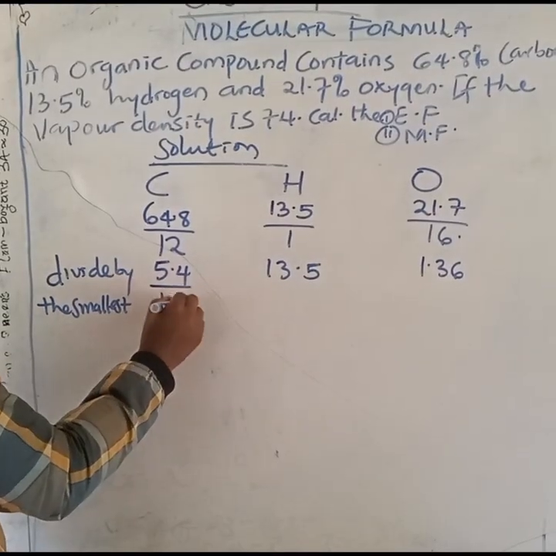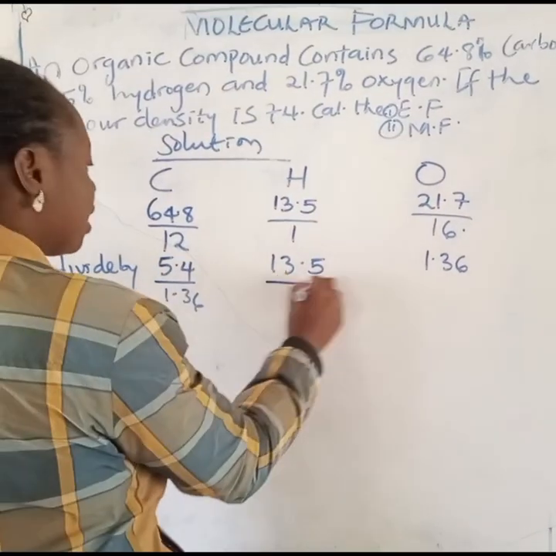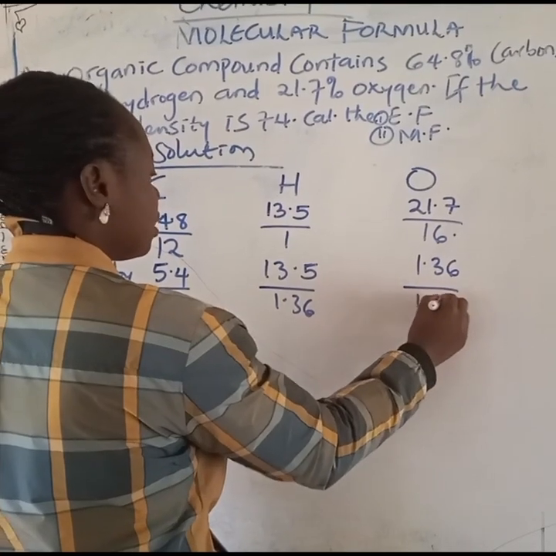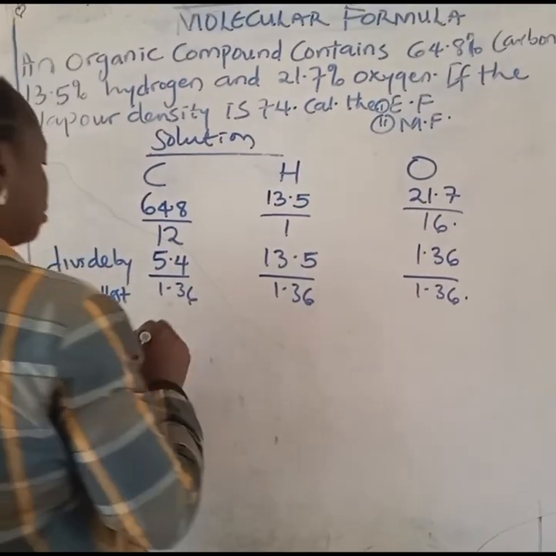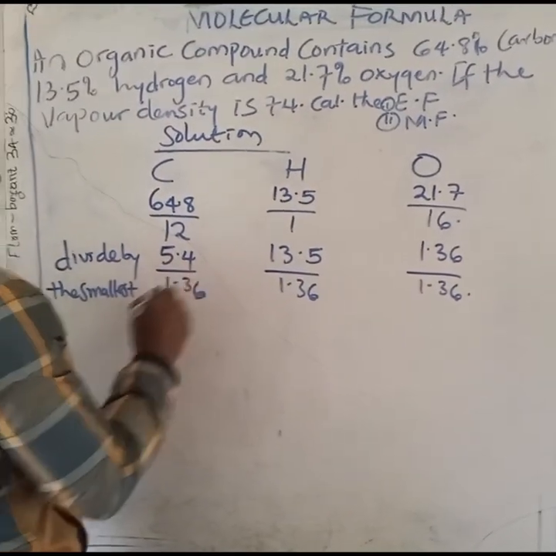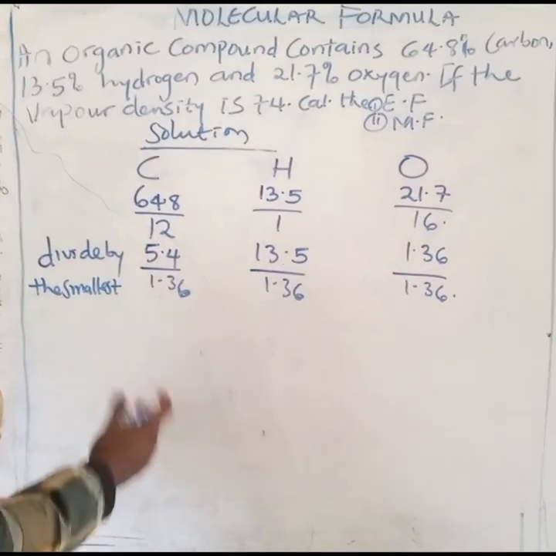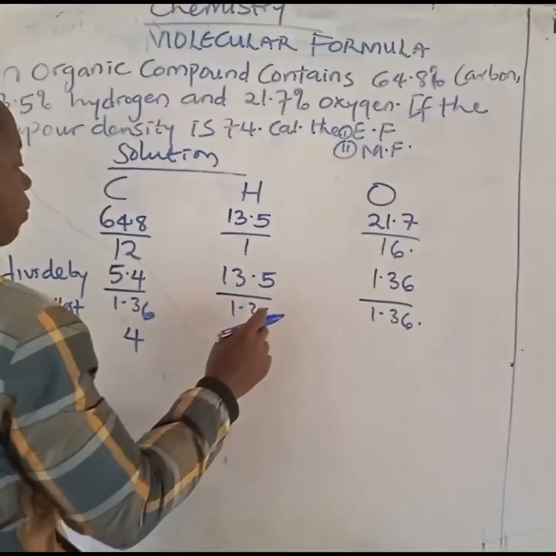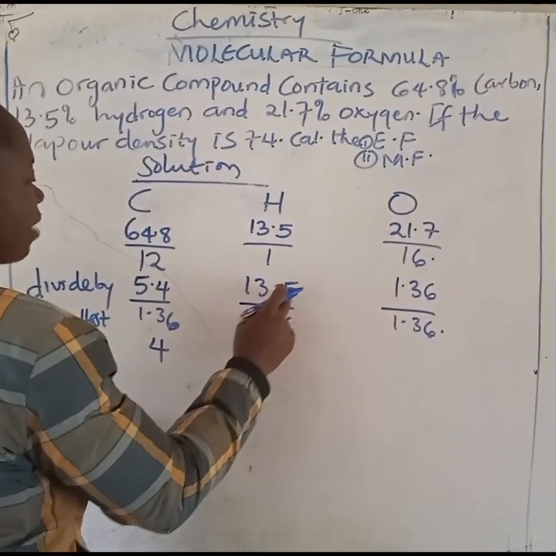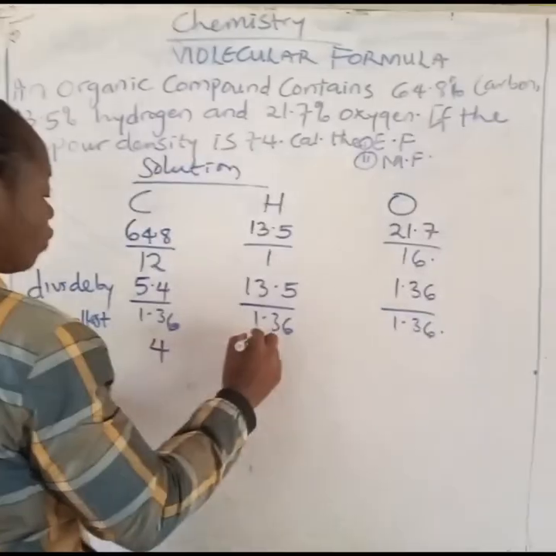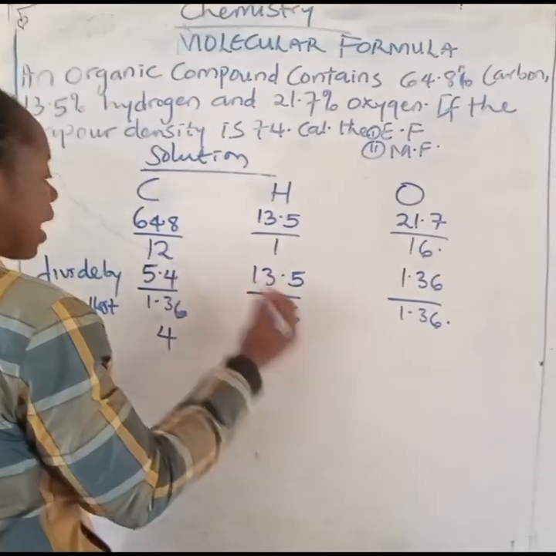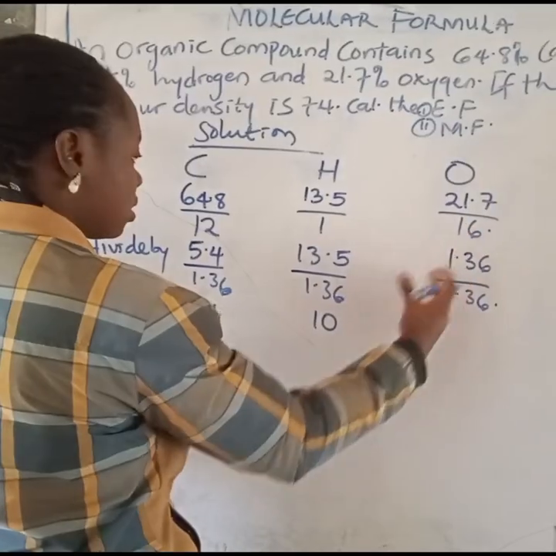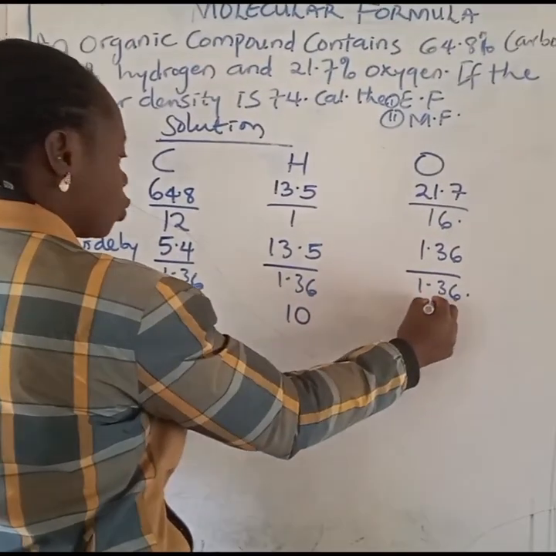So 5.4 divided by 1.36 is going to give us 4. 13.5 divided by 1.36 is going to give us 9.9, but I can approximate to 10. Then, of course, 1.36 divided by 1.36 will give us 1.